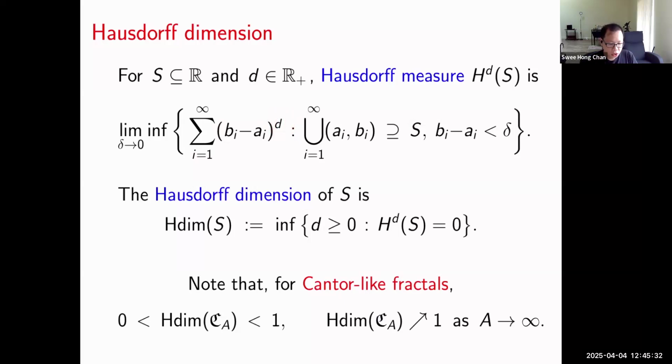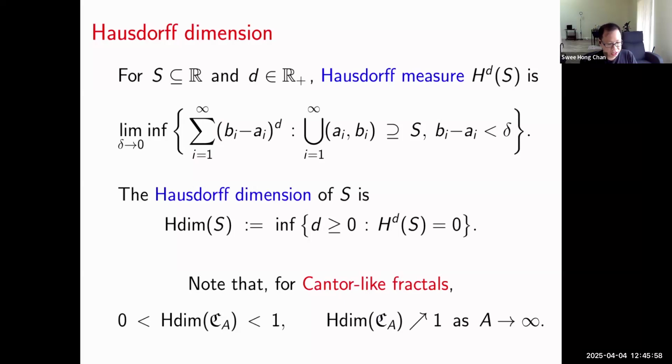In the following sense, when D is equal to 1, this is just the Lebesgue measure. When D becomes larger and larger, these numbers become smaller and smaller, and therefore, for D large enough, the Hausdorff measure is equal to 0. On the other hand, when D is very, very small, going closer and closer to 0, this sum goes up to infinity.